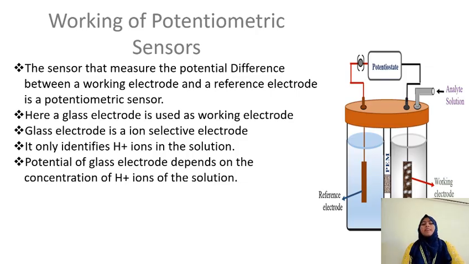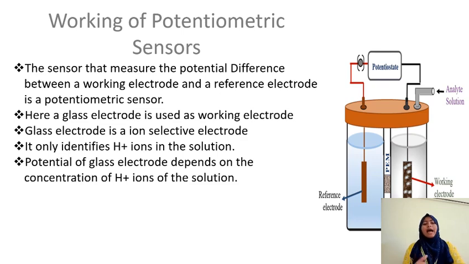So here a glass electrode is used as a working electrode. A glass electrode is a type of ion selective electrode, and it only identifies the H plus ions. Whatever the solutions, whatever the other ions present in the solution, it can't detect them. It only detects the H plus ions of that solution.